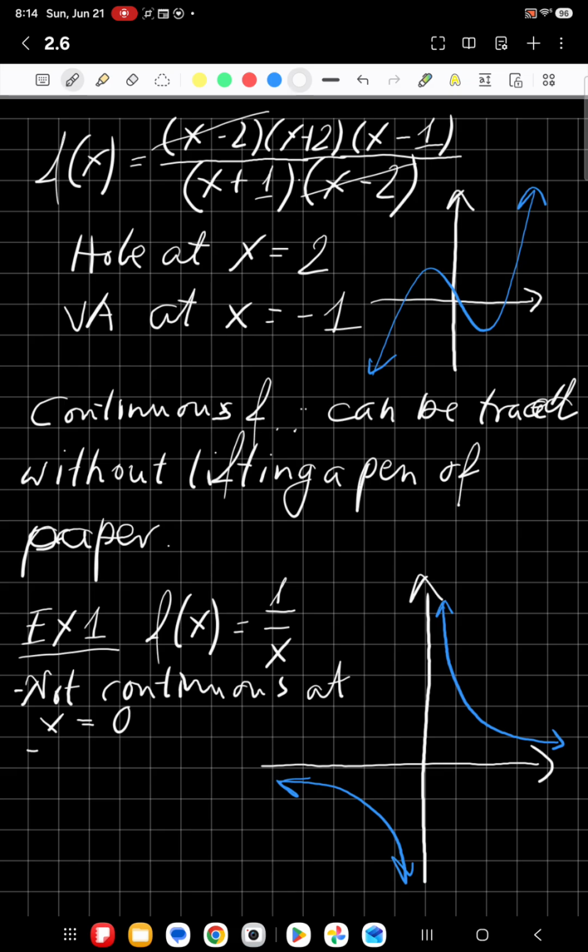We have that at x equals 0, the function is not defined at 0. Okay, that's the second comment. And let's write discontinuity.